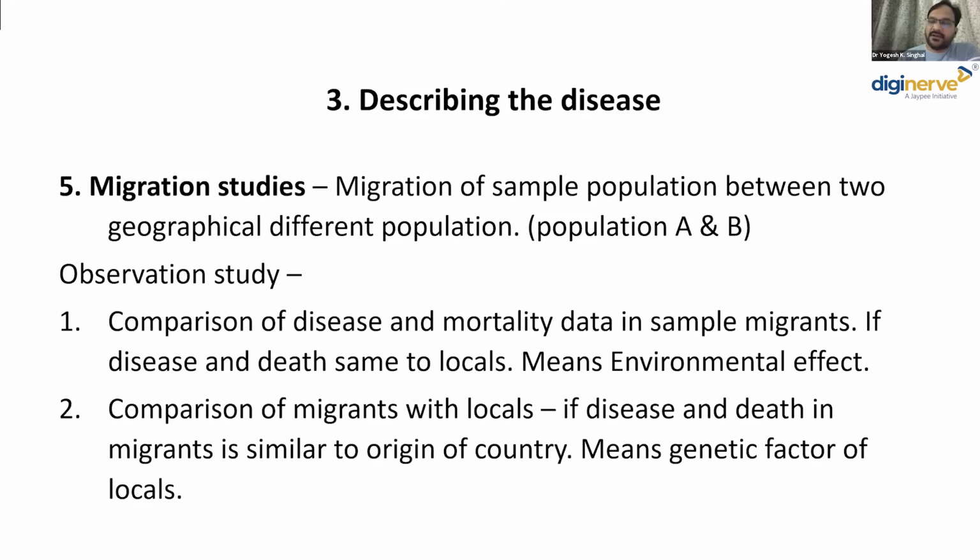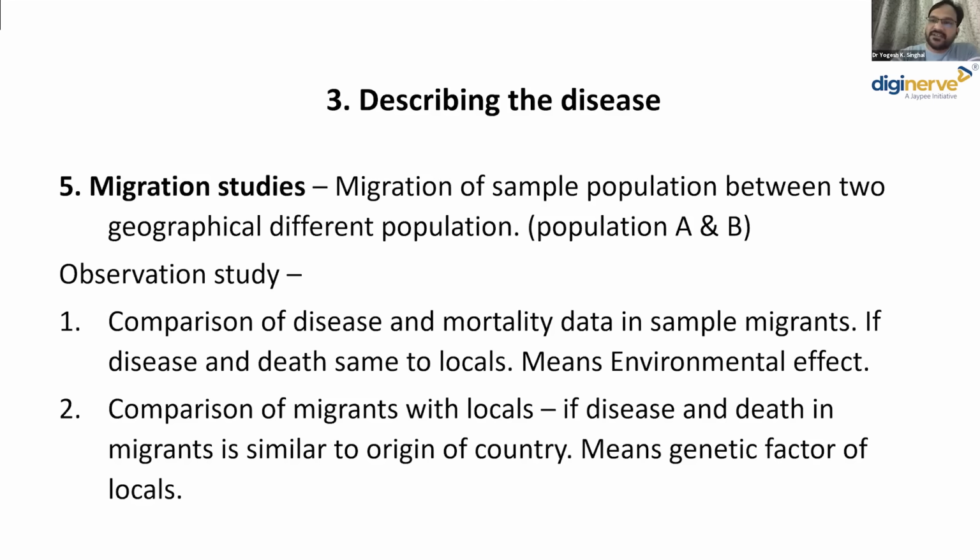Suppose a person who is living in North India, in Kashmir, came to Rajasthan. After coming to Rajasthan and working in the mines, he develops pneumoconiosis. And the incidence of pneumoconiosis in that migrant population is similar to that of the Rajasthani people. It means it is the role of the environment.